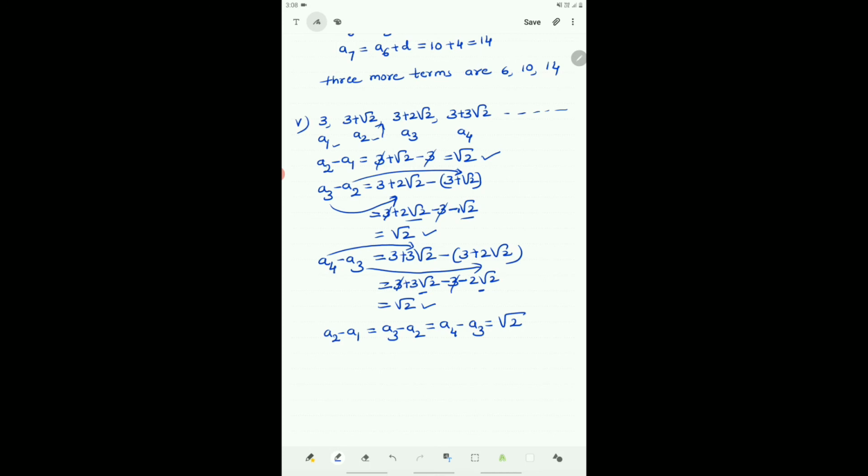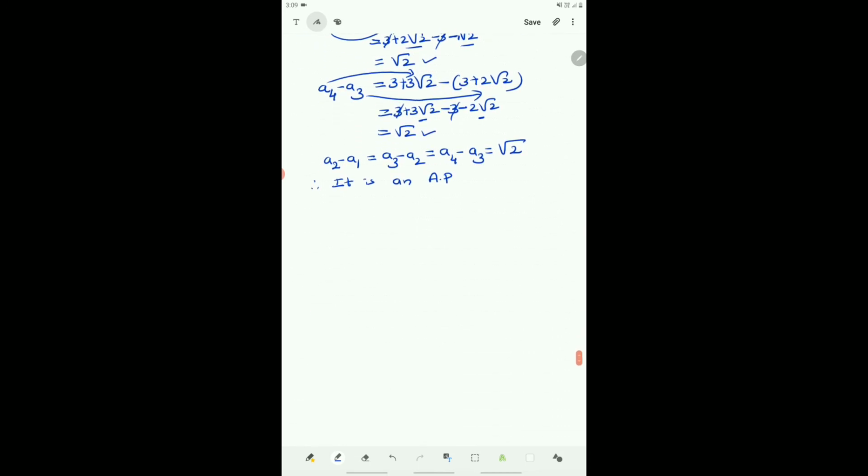So what can you conclude? The terms are in AP. Therefore, the difference between any two consecutive terms is constant, that is root 2. Therefore, it is an arithmetic progression.